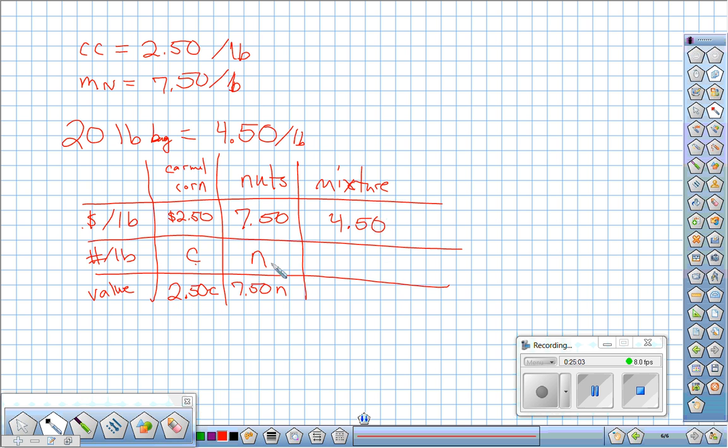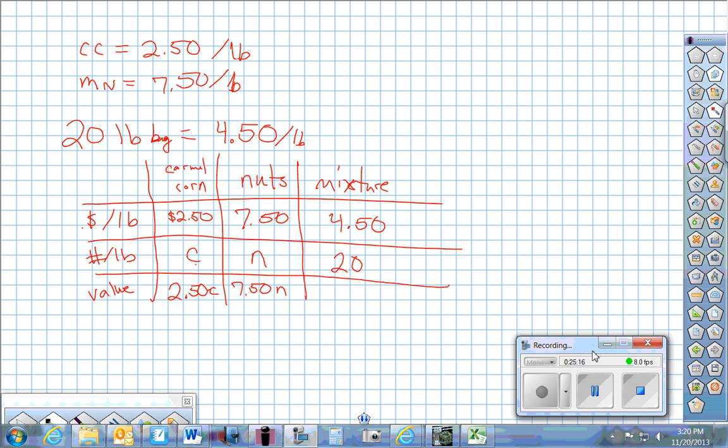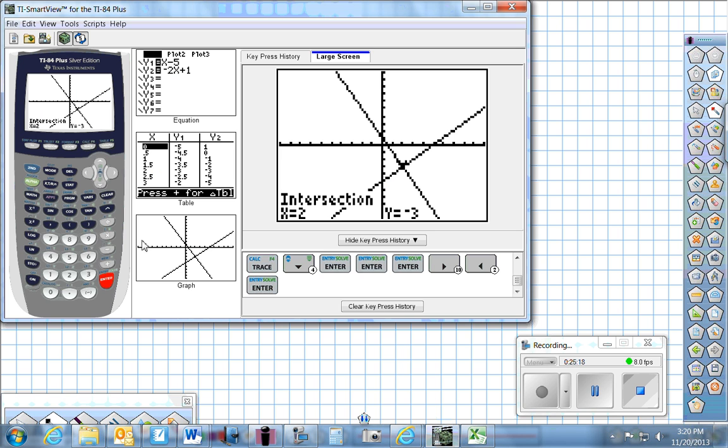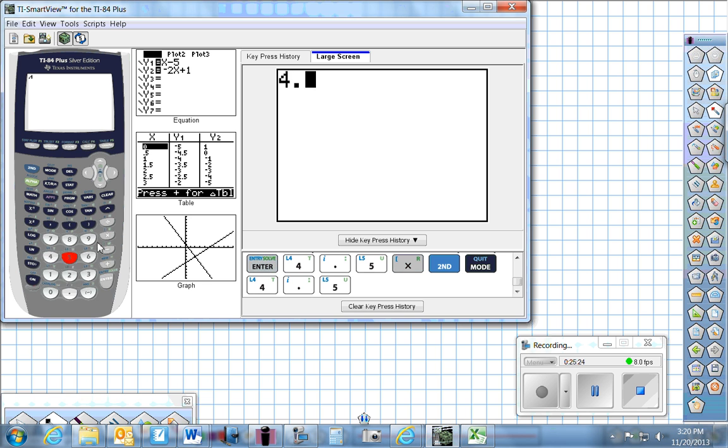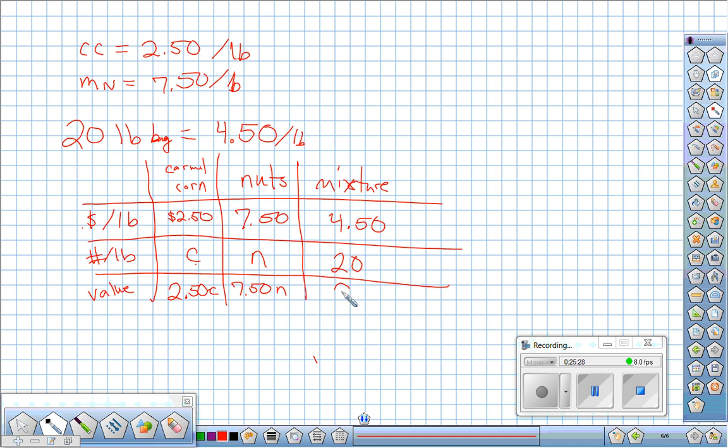And I am actually told how many pounds of this I bought, 20 pounds. I should know what the value is, and that will be 4.50 times 20. We, of course, don't like doing math in our head anymore, so 4.50 times 20 gives us 90. So the value of our mixture, we should pay $90 for that mixture.